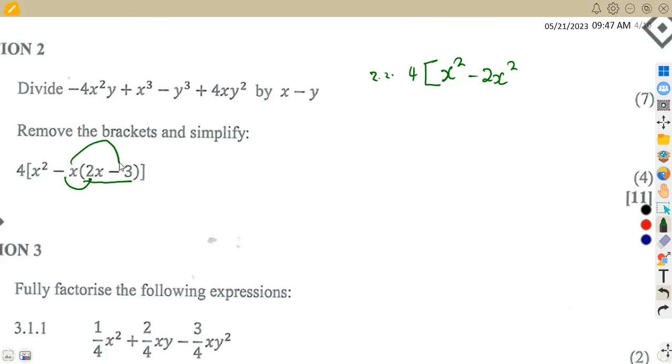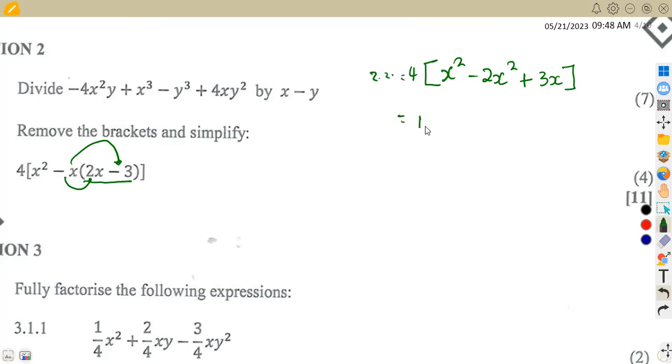Negative x is going to multiply again in this bracket, which is negative x. So it's negative, negative, which is a positive. So that's positive 3x, like this. So we start by the inner bracket, then we move to the outer bracket. So before you move to the outer bracket, yes, you can simplify by collecting like terms in the inner bracket.